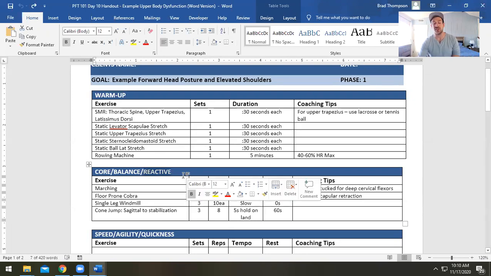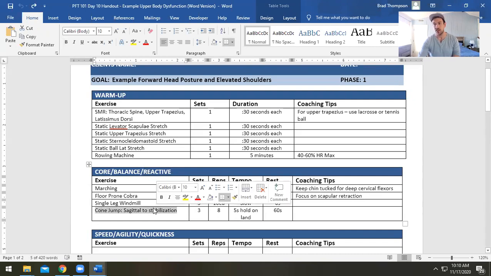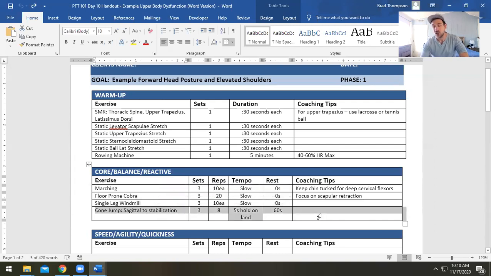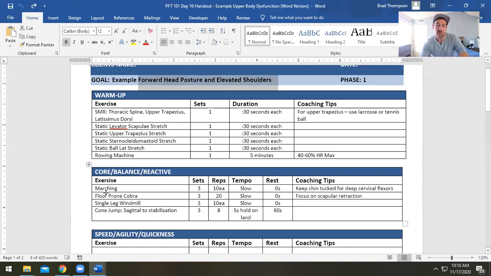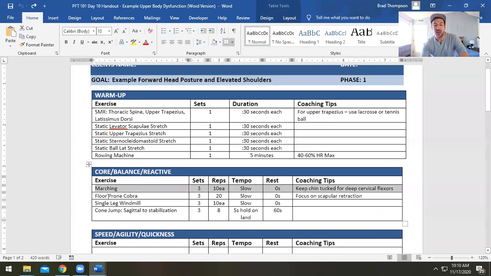And then our reactive exercise, again, we're not really going to get much here, but just cone jump, sagittal to stabilization. So jumping forward, hold, right? Again, this is not really about posture for the upper body. This is a great activator for the low body, but we're only looking at upper body dysfunction here. So we got the deep cervical flexors turned on with the marching. We got the lower traps and middle traps turned on with the cobra.